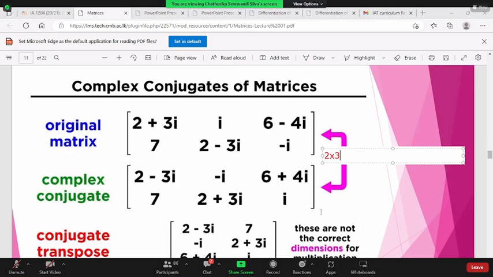And here the dimension is again 2 by 3. Right. Since you have done matrix multiplication under the basic maths, is there any possibility to multiply the original matrix with the complex conjugate? Can we perform multiplication in between these two? Original matrix multiplied by complex conjugate. Can we do that?